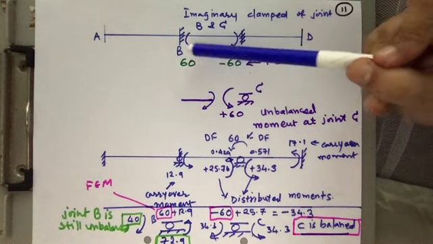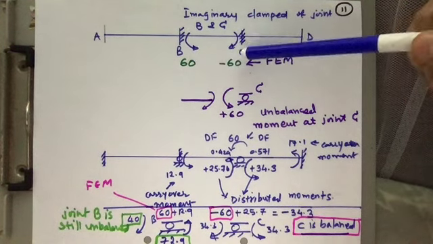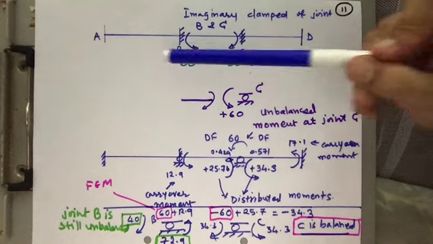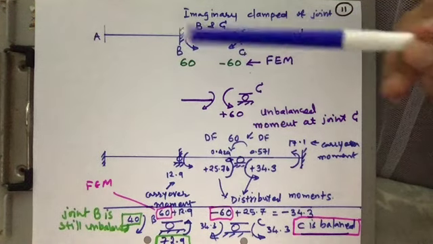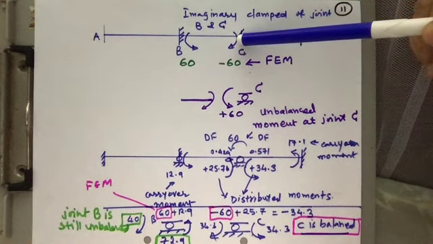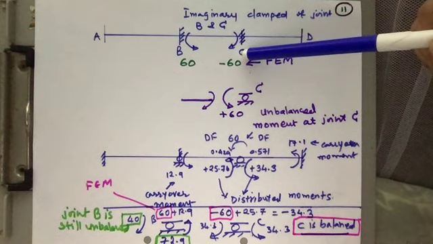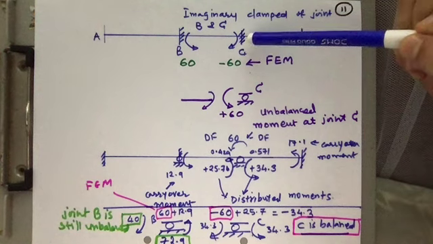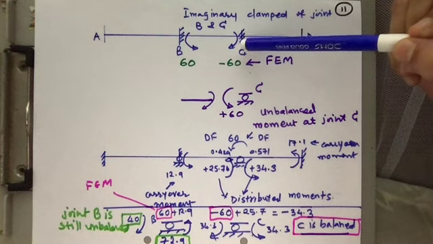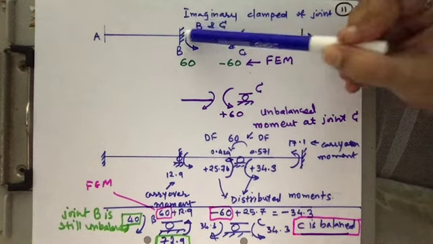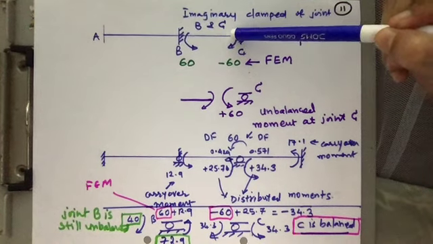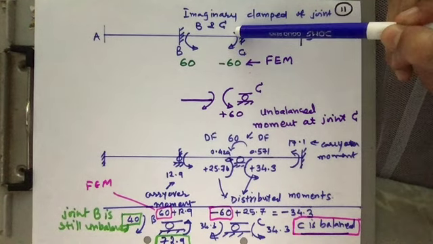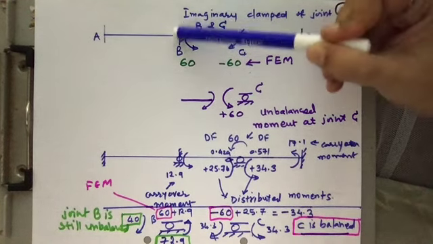Now of course there are fixed end moments. We are going to calculate fixed end moments at every joint. Here this is fixed, here this is fixed, but here in the real beam it is not fixed. So there will be unbalanced moments, because these joints are not under equilibrium; they have not reached true equilibrium because of the imaginary clamp we are applying.